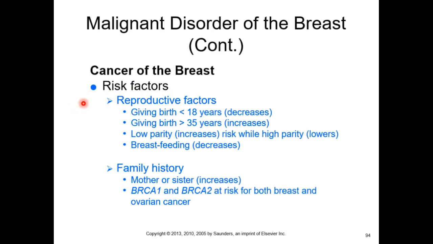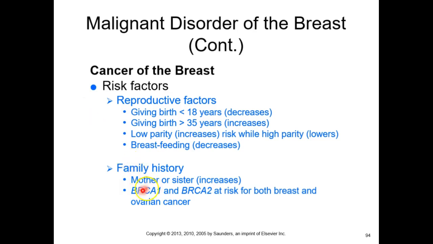Risk factors for breast cancer, there's actually a lot of them. Some things are increasing risk of breast cancer, some things are decreasing risk. They've shoved them all together. Oddly enough, giving birth before the age of 18 decreases chances, and having more children decreases the risk of breast cancer.